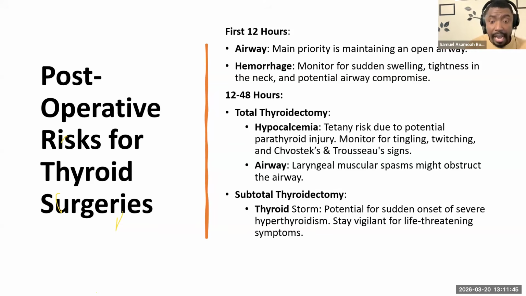If it was a total, then the person will have tetany and all those hypocalcemia symptoms. Tetany means muscle spasms. So the total is what is bringing the tetany, and the subtotal will lead to storm. So listen to the flair in the language: total, tetany, subtotal, storm. Total, tetany, subtotal, storm.